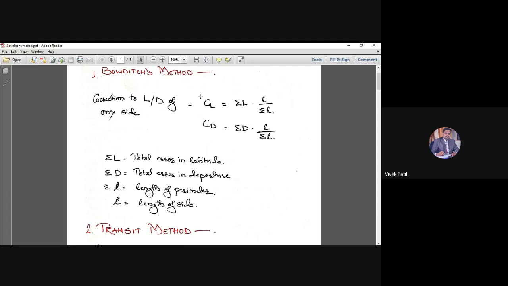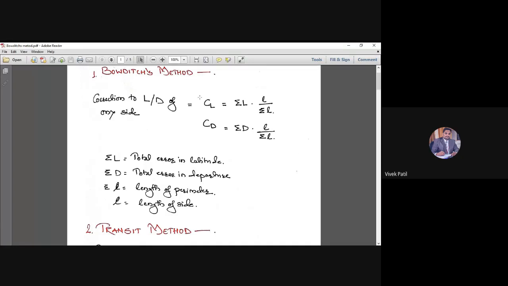That is the correction. Similarly, if we want to apply the correction for the departure for that side, then it is the summation of departure, that is the total error in departure, into the length of that particular side divided by the total length of that traverse. That is the correction for the departure.